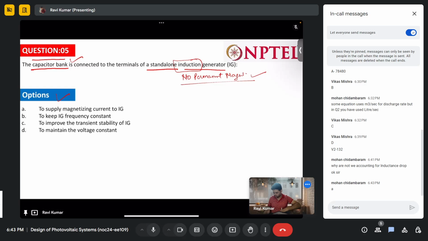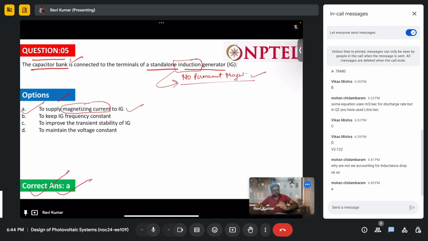Yes, that's correct, because we need to produce a magnet, so we need a magnetizing source. It is a magnetizing current which is given to this induction generator. Yes, A is the correct answer.